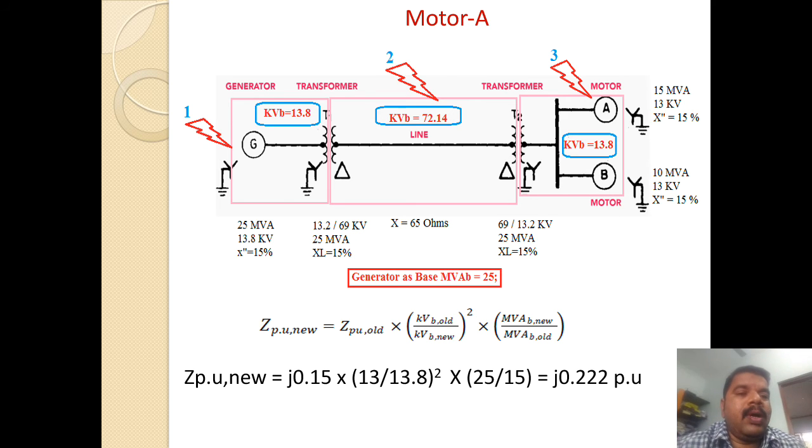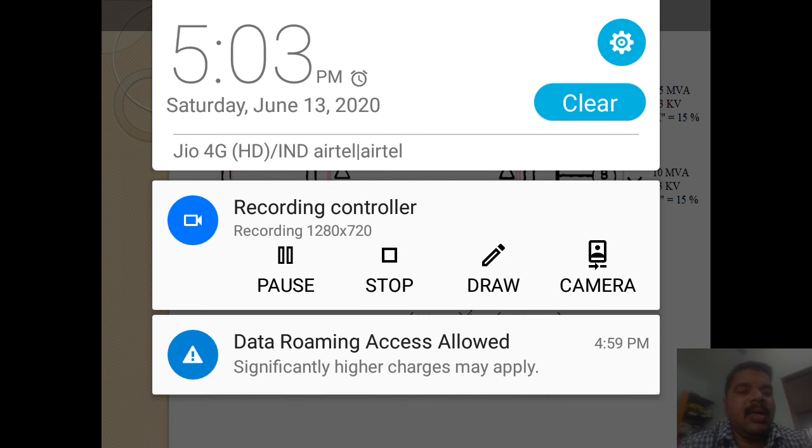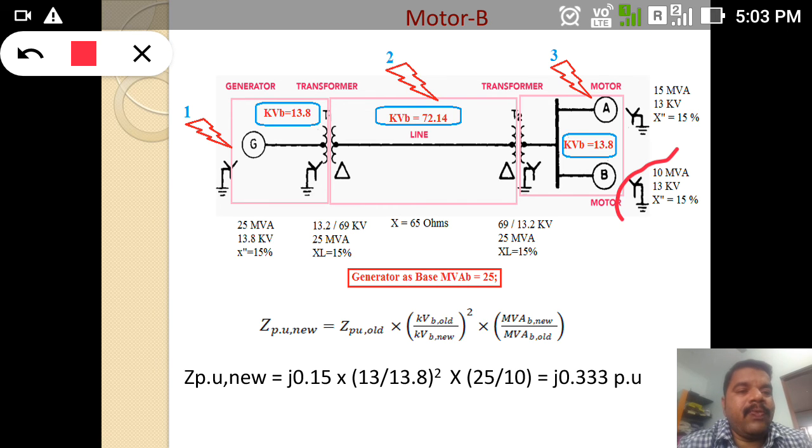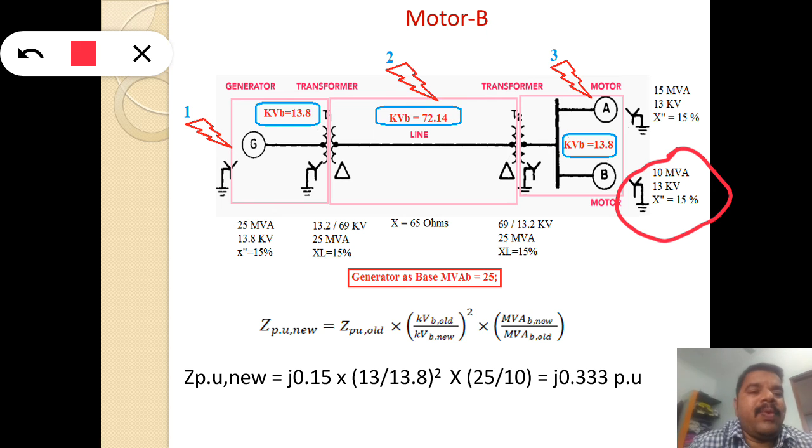Now we move on to the next one, motor B. For motor B, again we have to consider which section it is under. For motor B we have 10 MVA, 13 kV, X double dash equal to 15%. Again the given value is in per unit, so the same formula: Z per unit new equals Z per unit old times KVB old divided by KVB new squared, times MVAB new divided by MVAB old.